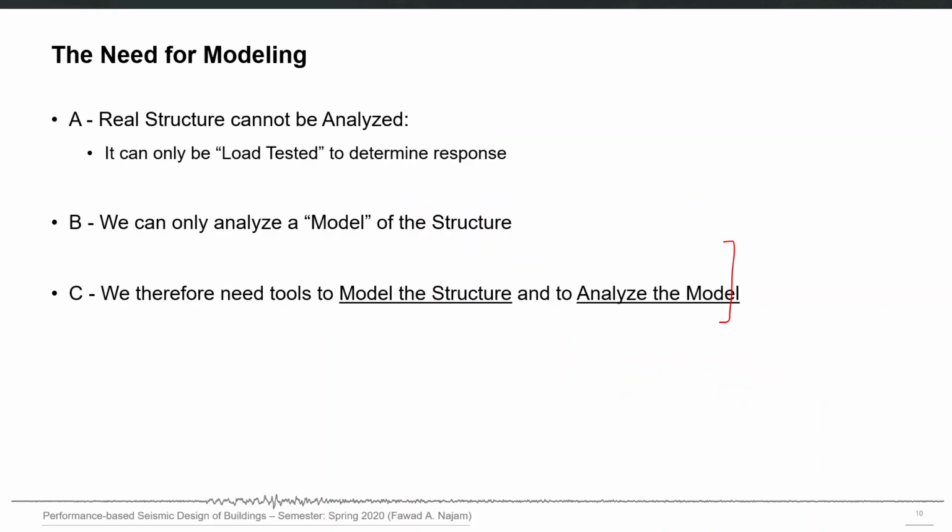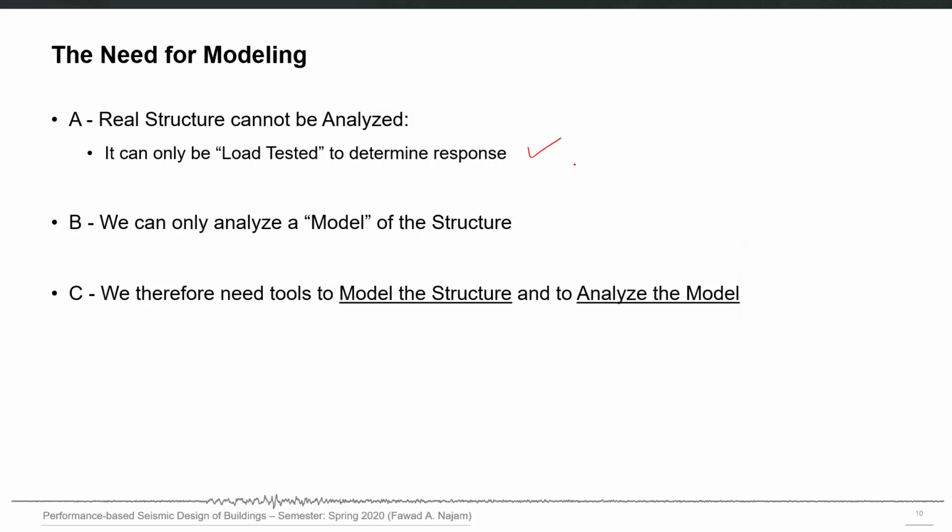So first things first, why do we need computer modeling? Because a real structure, with all of its complexities in applied loading and geometries, cannot be analyzed. The direct, closed form solution is not possible. It can only be load tested to determine response, which is not a practical case.